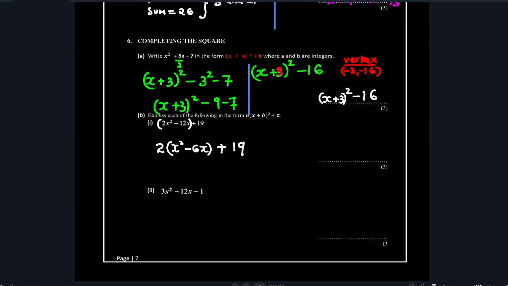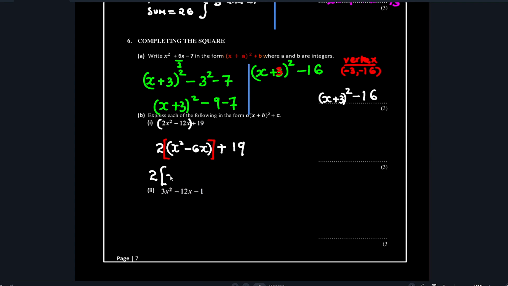So we are going to put some bracket here, and that's what I'll expect you to be doing. Once you have factored a common term out, you are going to introduce a bracket like that. Then we're going to complete the square of what is inside the bracket. So this is going to be 2 into completing the square inside the brackets.